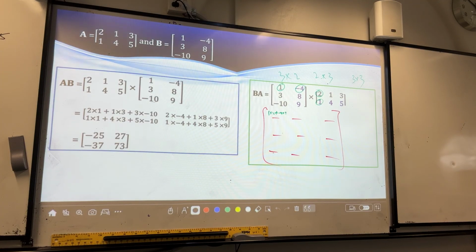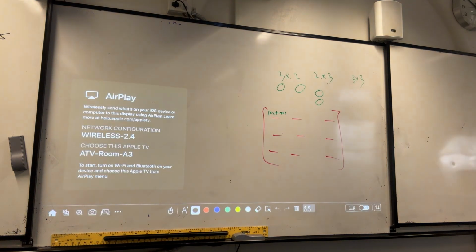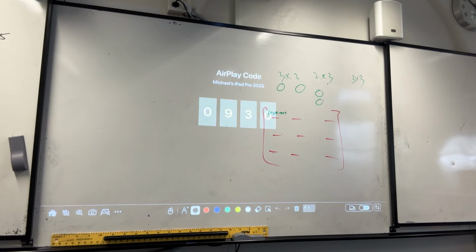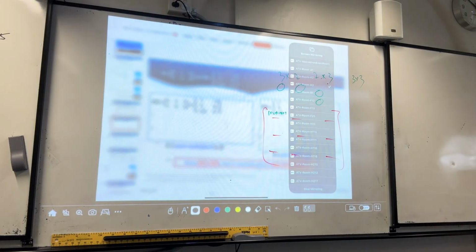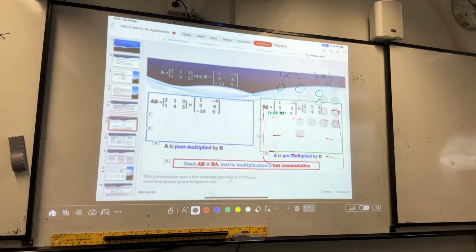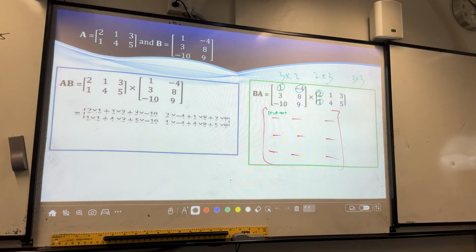Swap that over to my iPad because it's easier for me to use my iPad. All right.